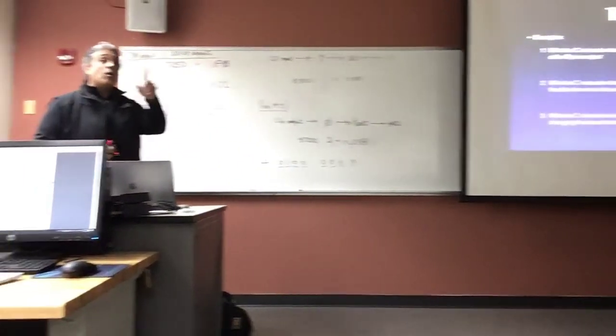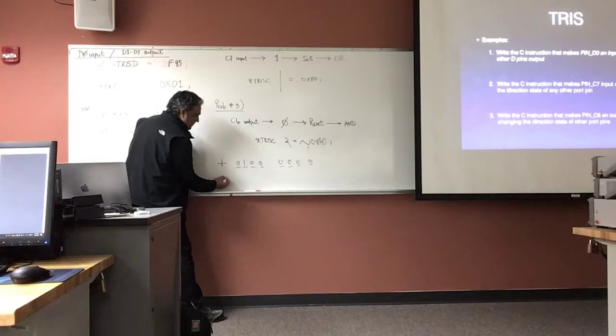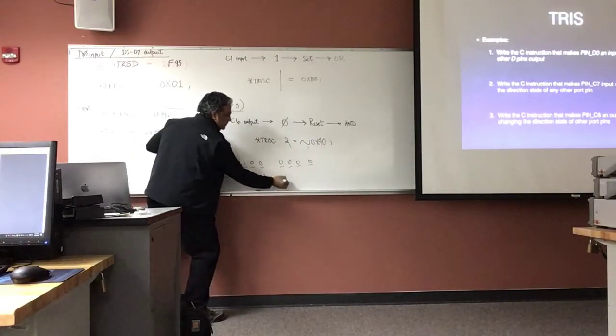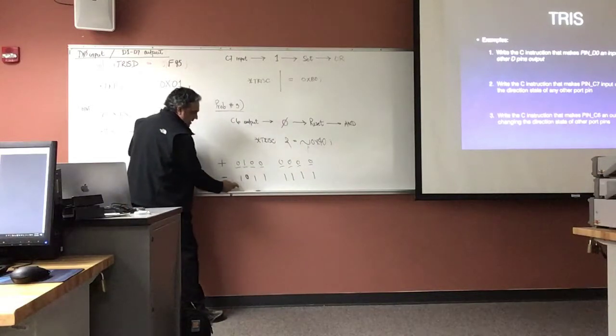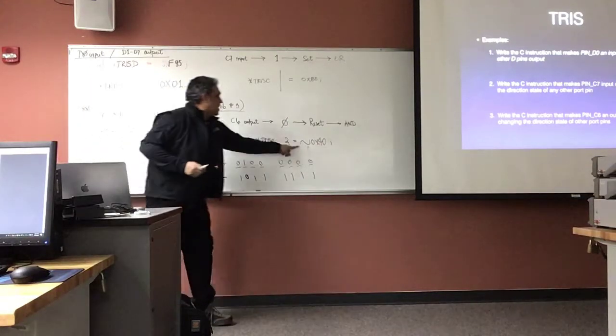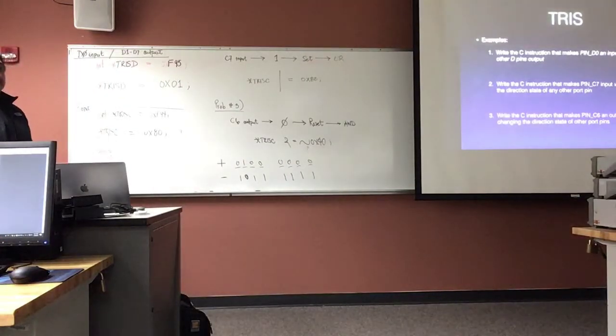Or you could simply say, I know it's negative, and I want a 0 there, so I'll do it this way. That's F and this guy is B. So this is hex BF, which is the same as not 40.